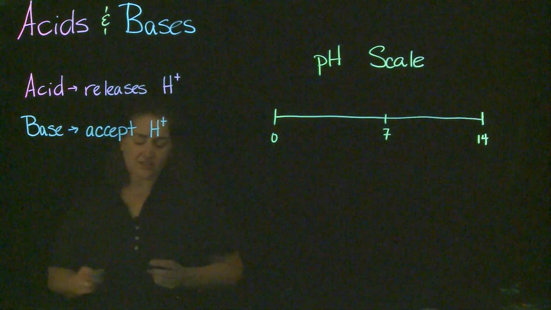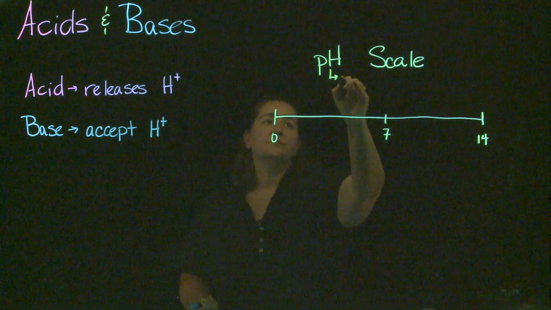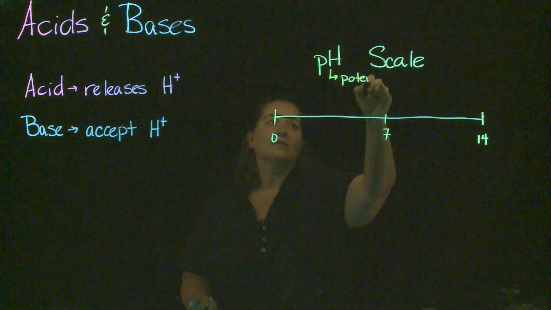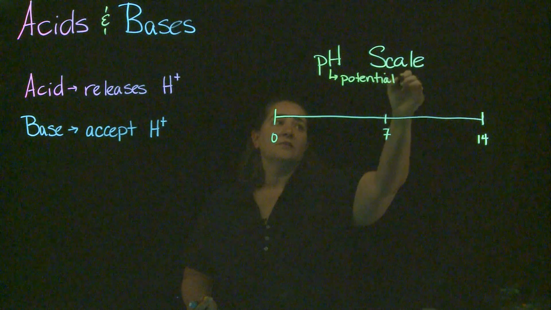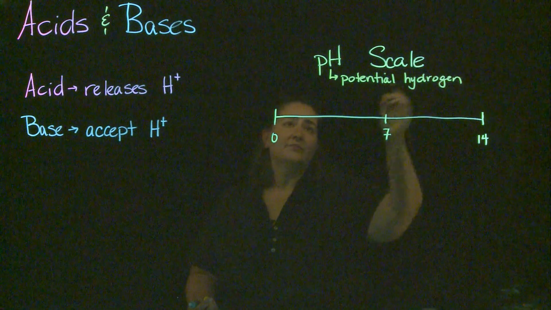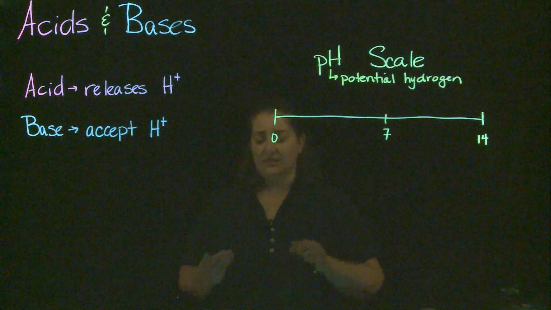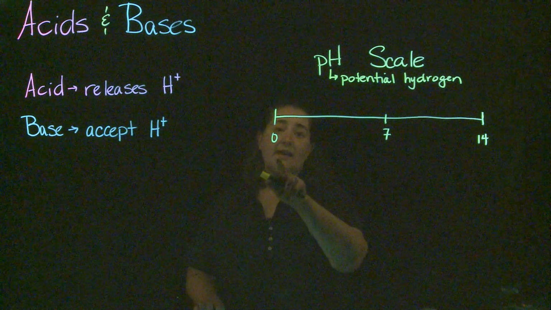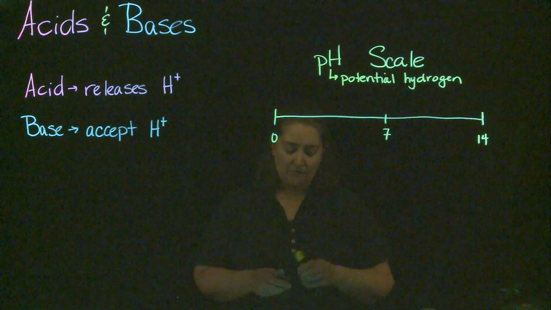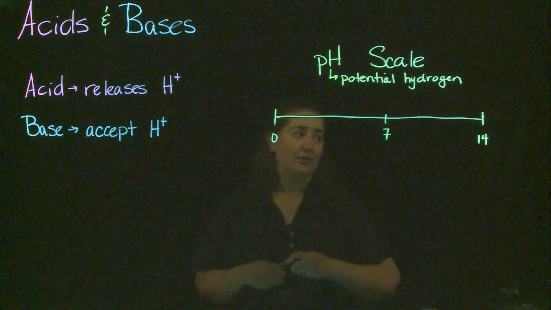So our pH scale, what that pH stands for is the potential of hydrogen, okay? And it's typically written this way: the p is lowercase, the H is capital. All right, and in terms of our pH scale, we've got a range that we grade things on, all right?